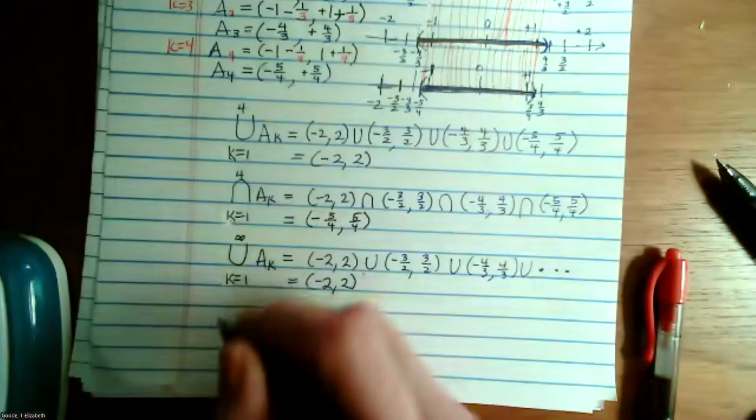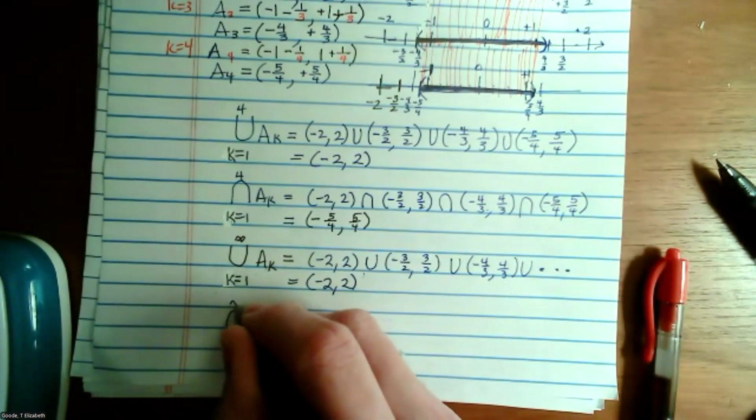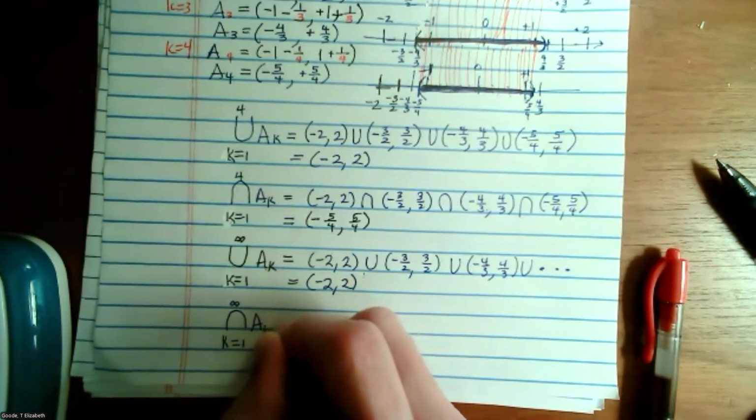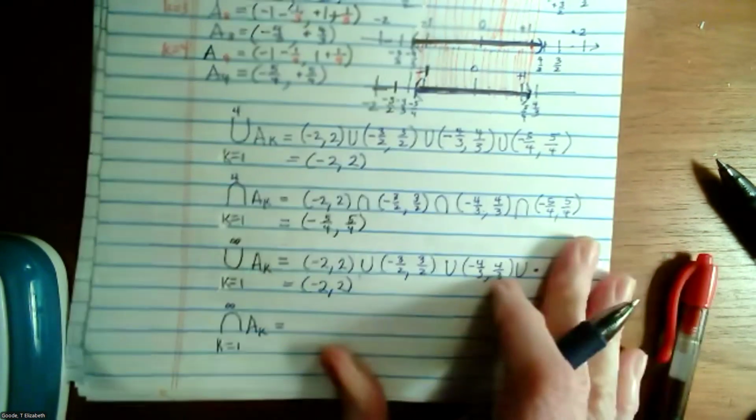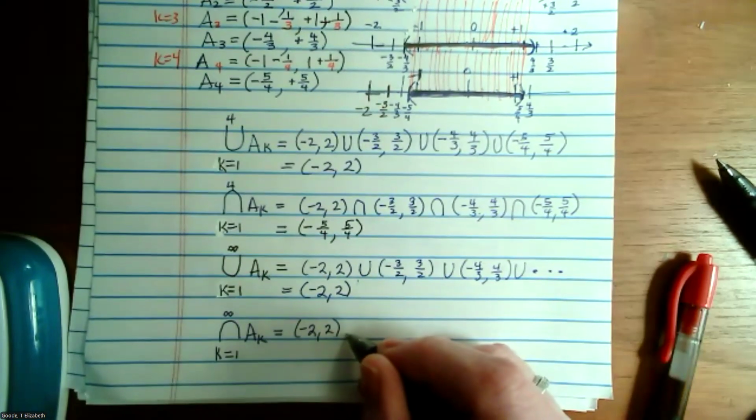So what about the intersection from k equals 1 to infinity? Now we have to pay attention. The sets have to be intersected.